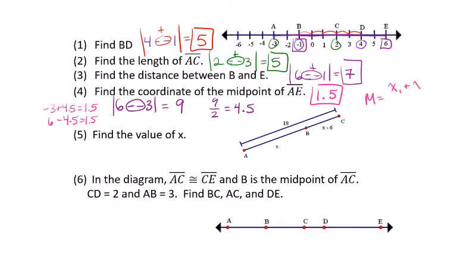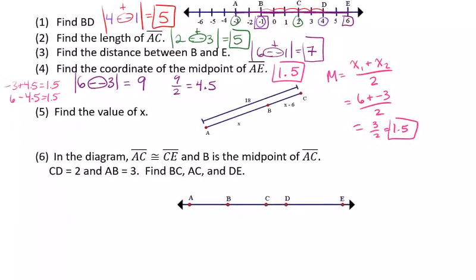A lot of times you'll see it like this: x1 plus x2 over 2 is the midpoint. In this case, it would be 6 plus -3 over 2, which would be 3 divided by 2, which would be 1.5. So 2 different ways to do the same thing, and either one is fine with me.